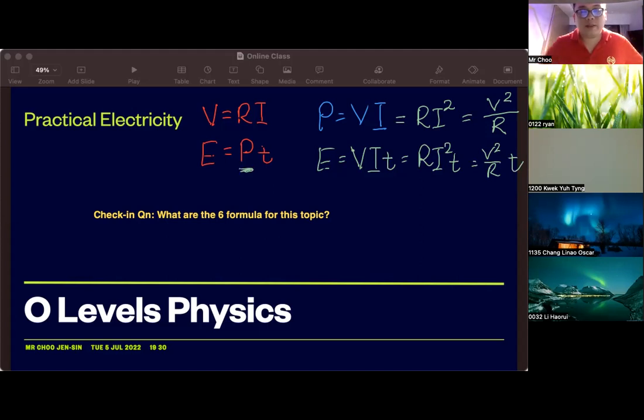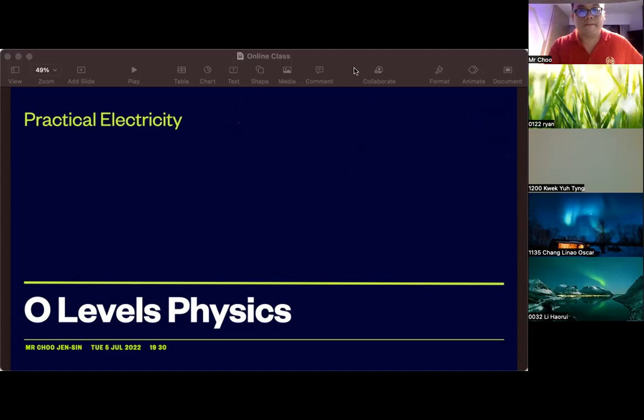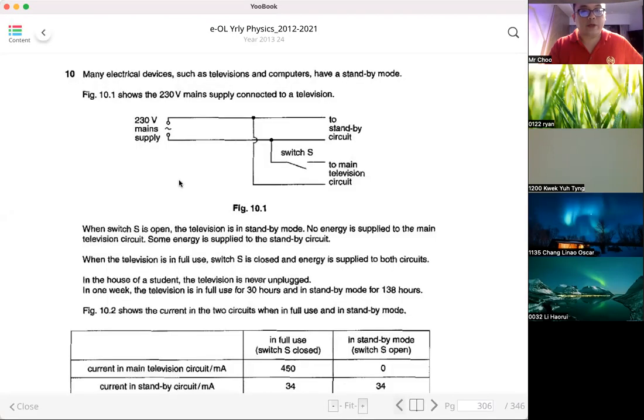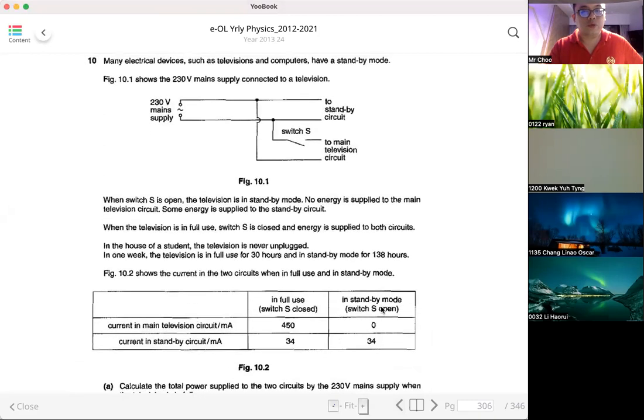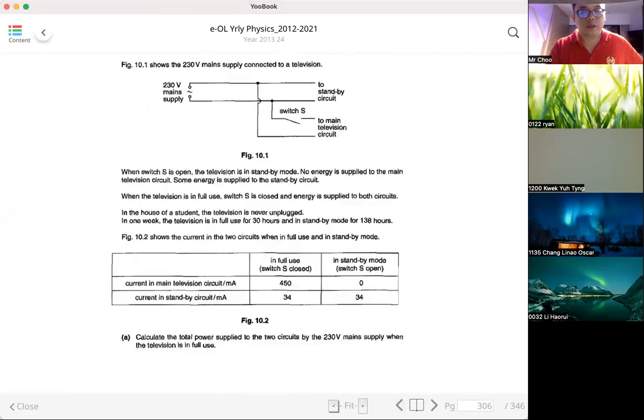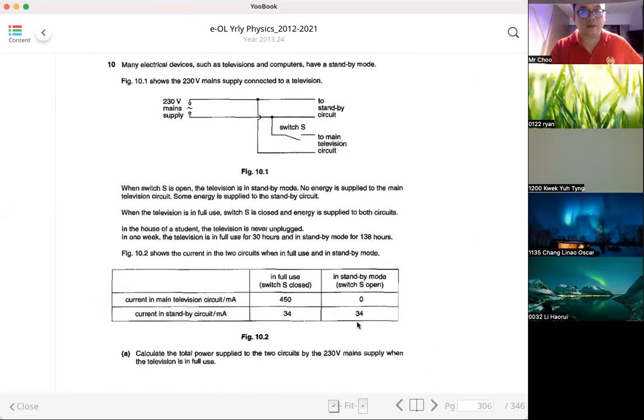Okay, so let me start with a question. Look at question number 10. Do question A first. Okay, you all may begin.